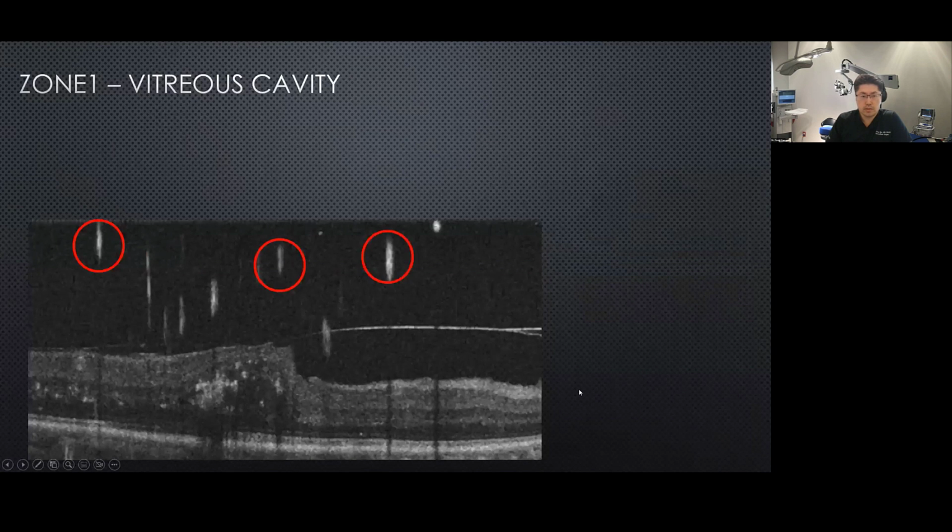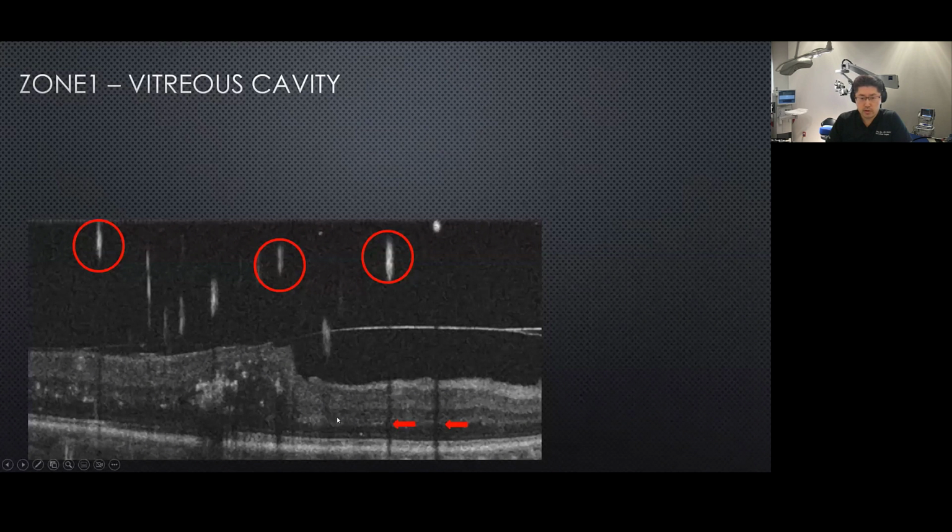Now, in this case, we see this hyper-reflective material in the vitreous cavity. Now, how do you know this is not artifact? You look for a transmission defect. So if these are truly in the vitreous, then the light that it transmits should not pass through, as you see in the red arrow.